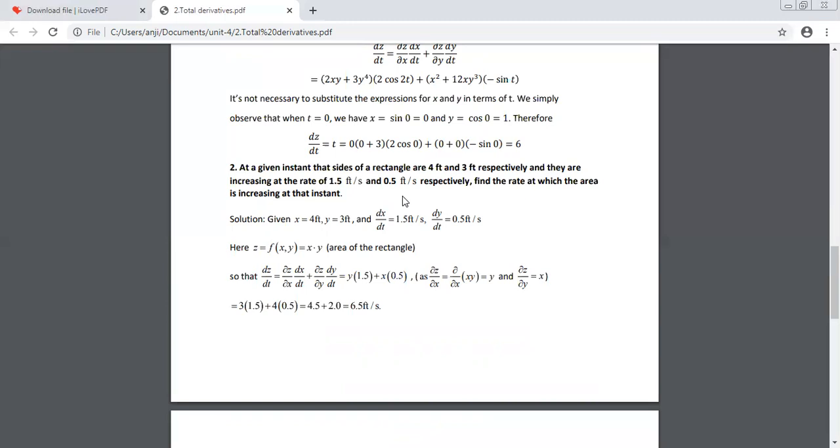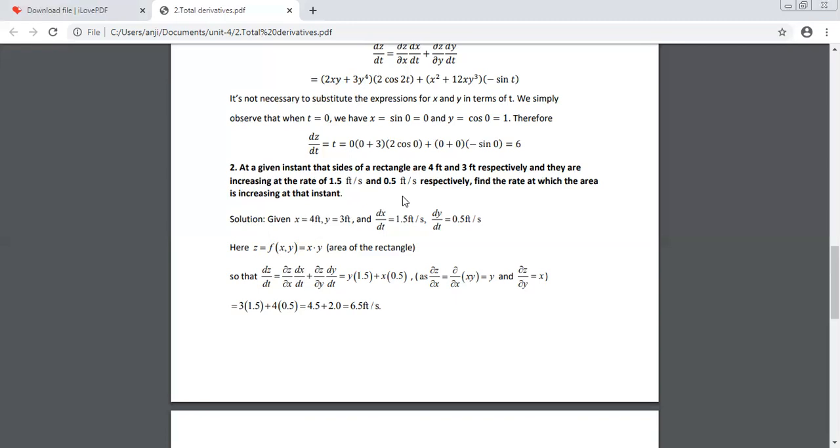Now solution: given x equals 4 feet, y equals 3 feet, and dx/dt equals 1.5 feet per second and dy/dt equals 0.5 feet per second.